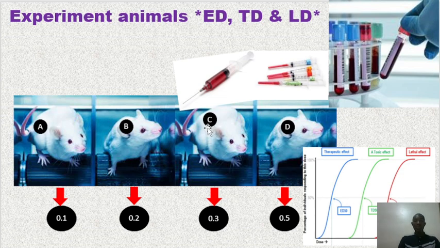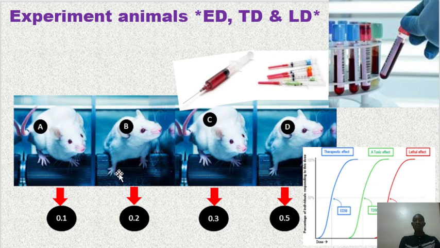Maybe at animal 3, which we injected with 0.3 concentration of our drug, the animal began showing advanced effects, for example vomiting, maybe paralysis. So we can take it as our TD, our toxic dose, the dose where we can see advanced effects caused by the substance. Maybe in animal 4, where we increased the concentration, maybe we injected with 0.5, the animal dies. So we would say 0.5 would be our lethal dose of that particular substance.